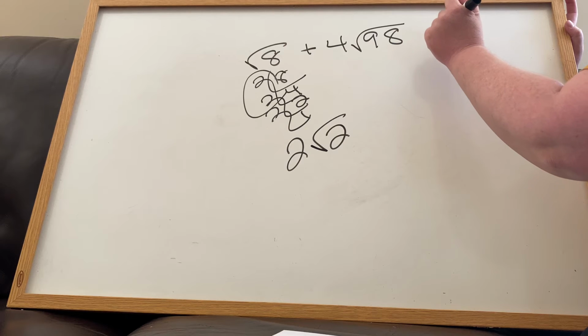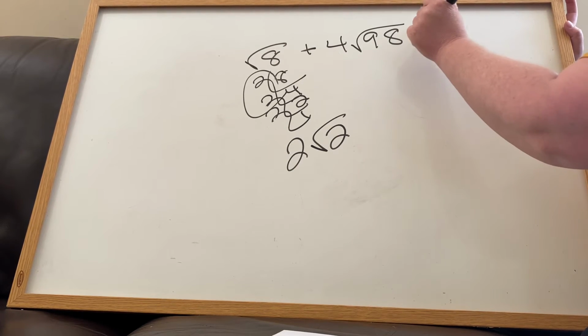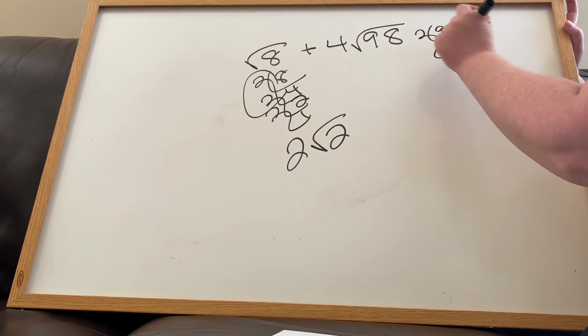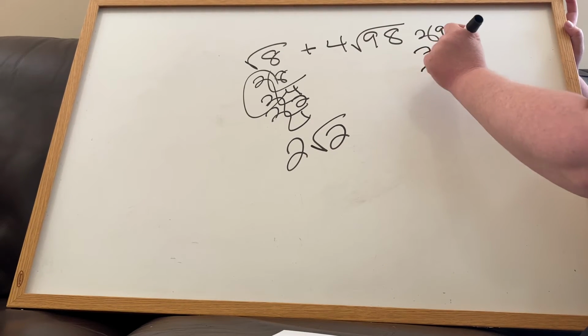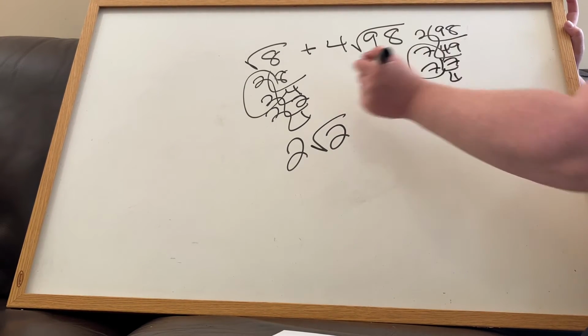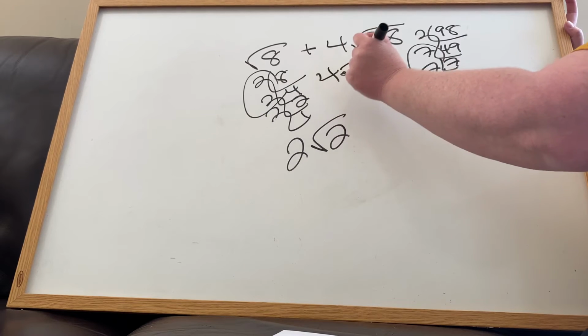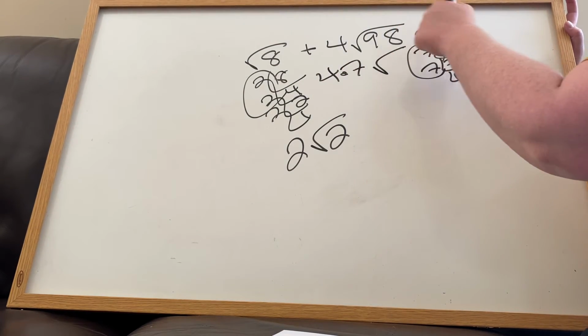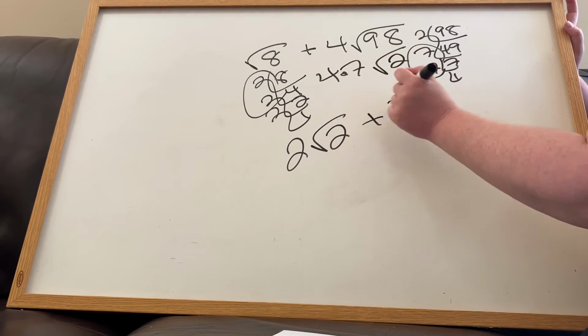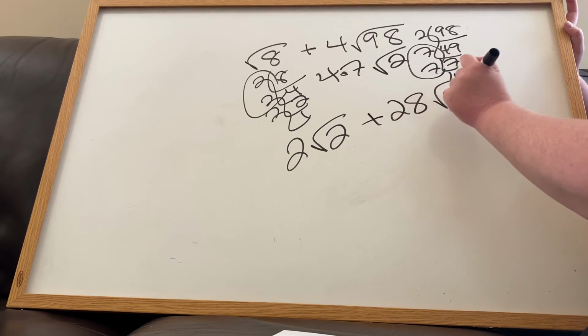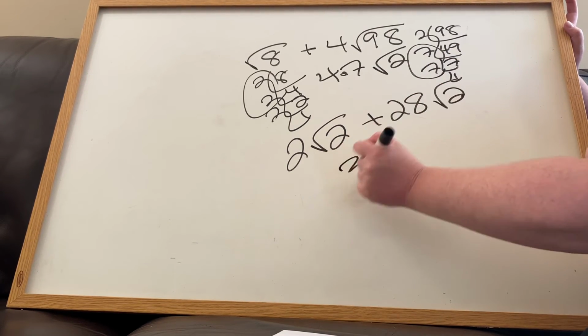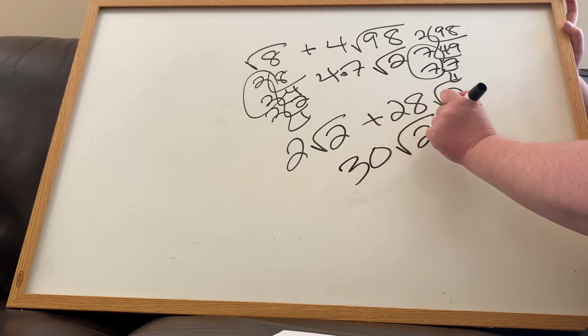So then here when you break 98, 2, you get 49, 7, 7, 7, 1. So you pull a 7, multiply it with the 4, square root 2, because that's left. So then you have plus 28 square root 2, and then 2 and 28 is going to give you 30 square root 2.